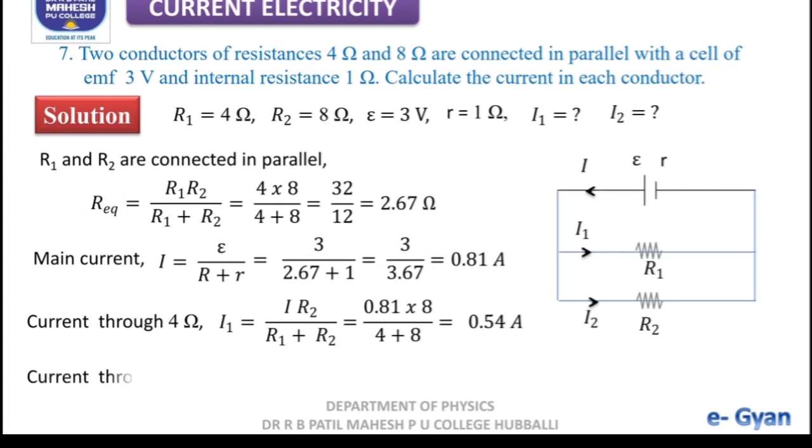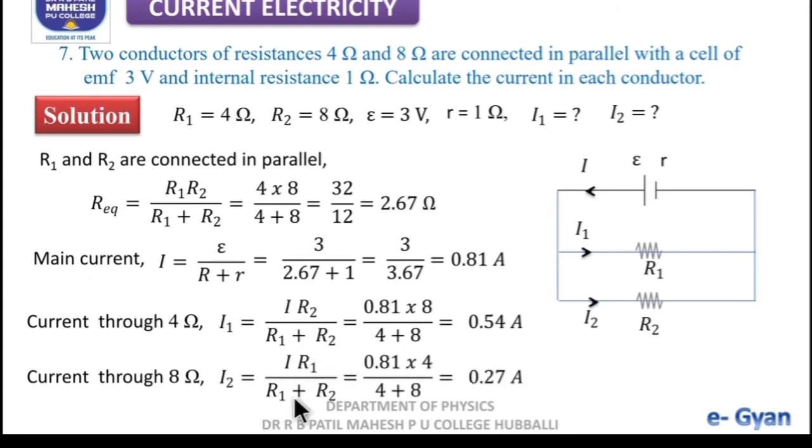And current through the 8 ohm resistor is given by I2 equal to I into R1 divided by R1 plus R2, that is equal to 0.81 into 4 divided by 4 plus 8, that is equal to 0.27 ampere. Therefore, current flowing through the 8 ohm resistor is equal to 0.27 ampere.